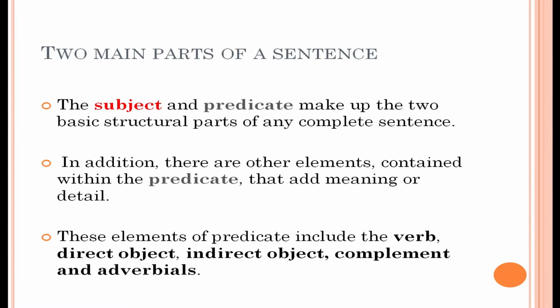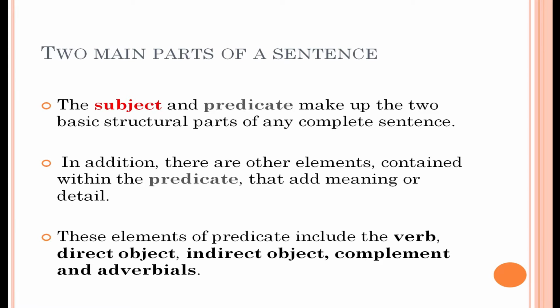So, dear students, out of this interpretation, we find 3 main points about the sentence. There are 2 main parts of a sentence, the subject and predicate. And these 2 parts make up the 2 basic structural parts of any complete sentence. In addition, there are other elements contained within the predicate that add meaning or detail.